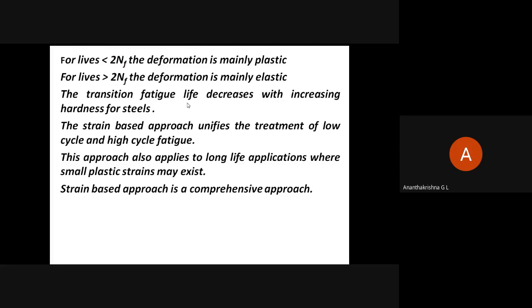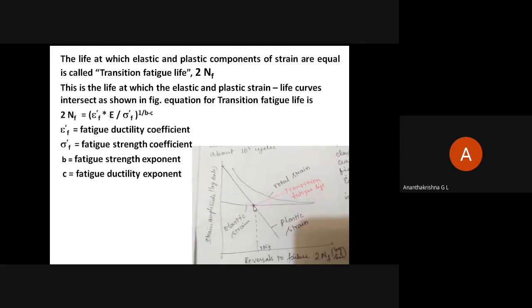So the transition fatigue life decreases with increasing hardness for steel. So what is transition fatigue life? The point where the elastic strain curve and plastic strain curve intersect at one point is called transition fatigue life.